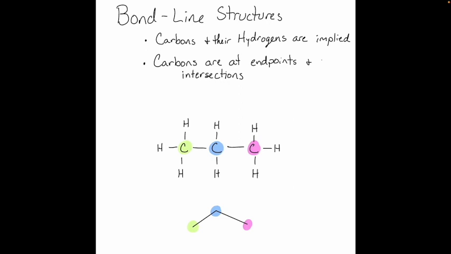All right, so then what about hydrogens? Hydrogens are on each carbon. And how do I know how many hydrogens there are? How many hydrogens would have to be on this pink carbon here?